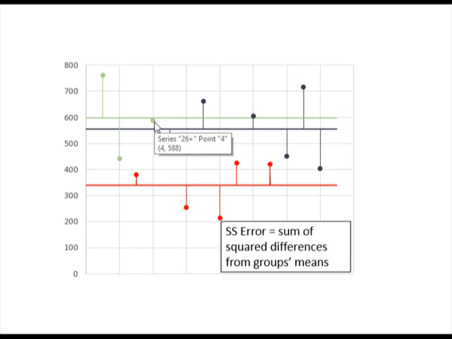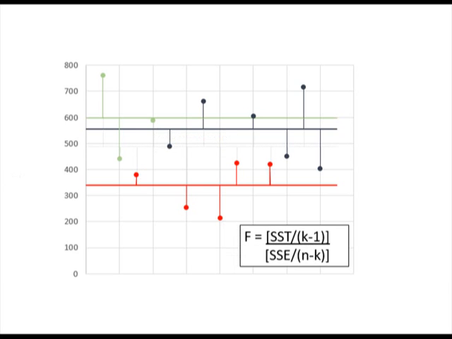This one went down to almost 0. You can kind of see the difference here. In very light gray, I have the line for 486 drawn. This dotted line right here is the difference from the overall mean, called the sum of squares total. And this thing right here is called the sum of squared error. That is, it's the rest of the differences that you weren't able to explain after you made your best effort.